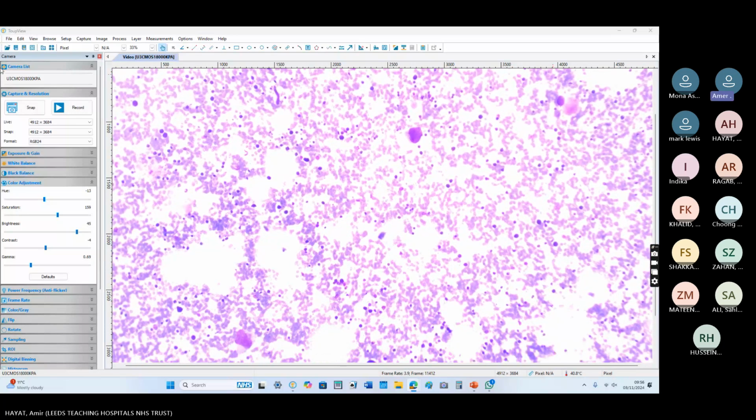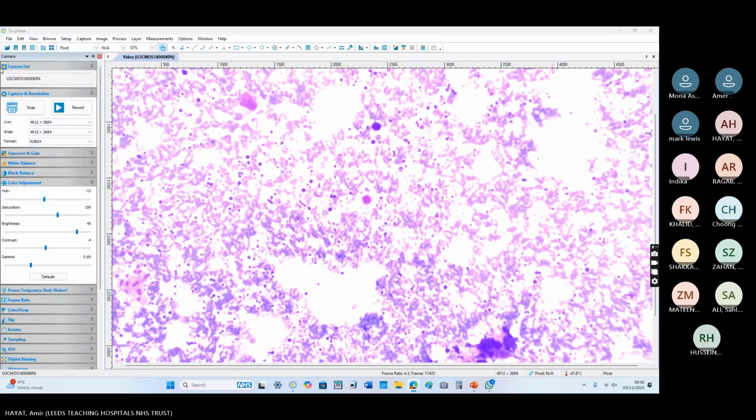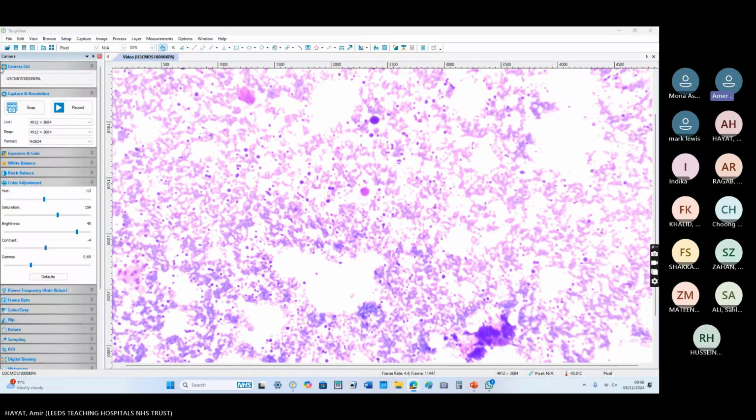Yes, there are megakaryocytes. Is there anything you would like to comment about these megakaryocytes?